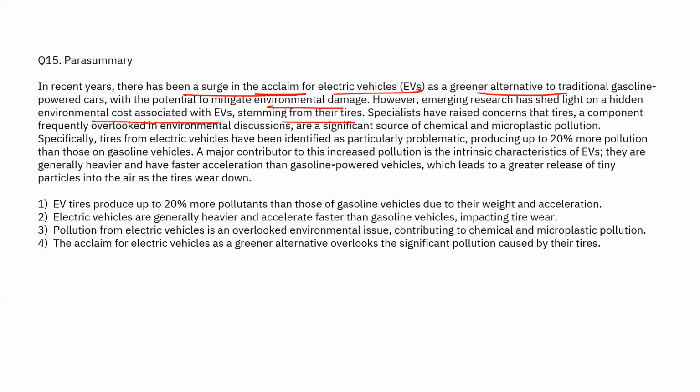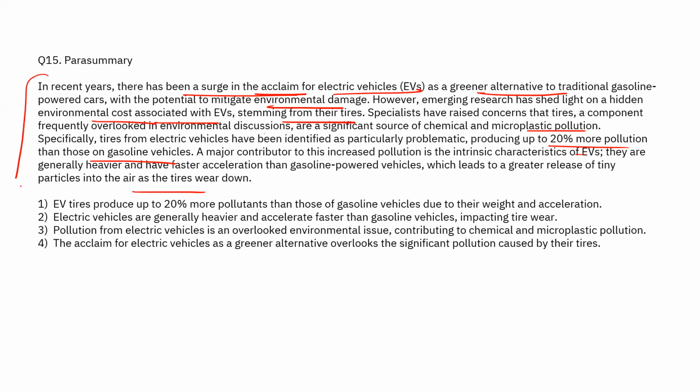Specialists have raised concern that tires, components frequently overlooked in environmental discussions, are a significant source of chemical and microplastic pollution. Specifically, tires from electric vehicles have been identified as particularly problematic, producing up to 20% more pollution than a major contributor to this increased pollution is the intrinsic characteristics of EVs. They are generally heavier and faster acceleration leads to greater release of tiny.